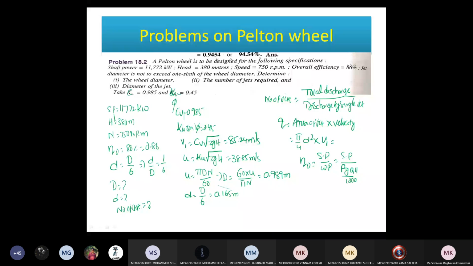So from this, unknown value is Q. Q is equal to shaft power into 1000 by rho into g into H into eta naught. This is total discharge, and this is discharge by single jet. So number of jets is simply capital Q by small q.